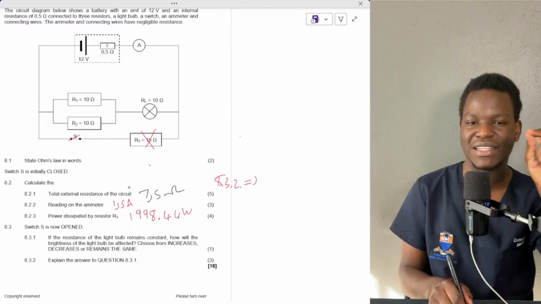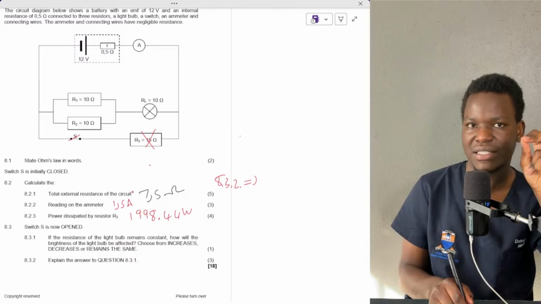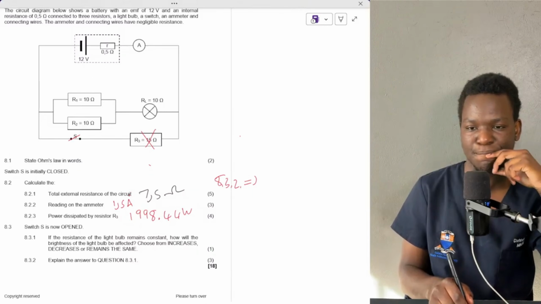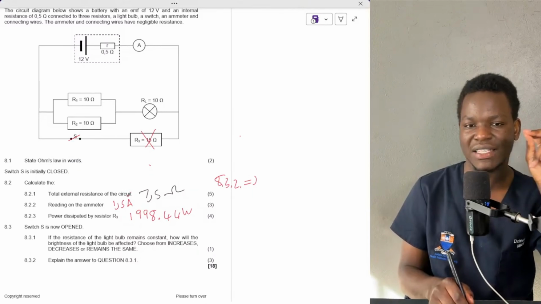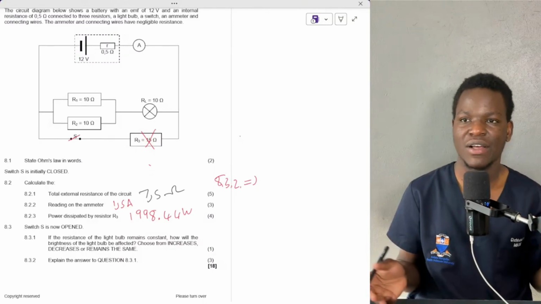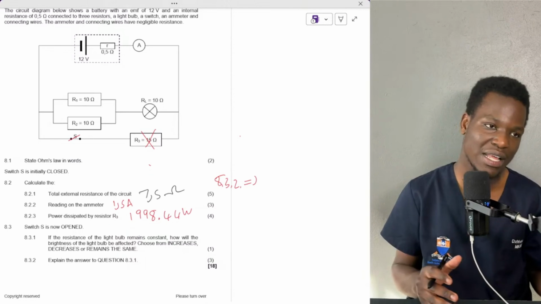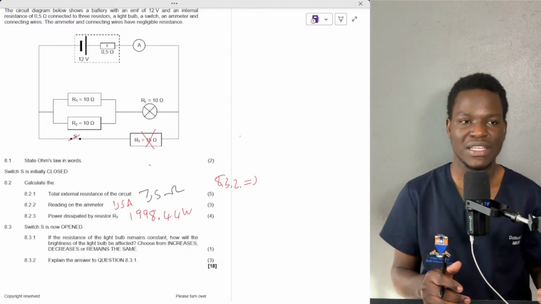The principle is that when we remove resistors in parallel, total external resistance increases. Vice versa, when we add resistors in parallel, total resistance does what?